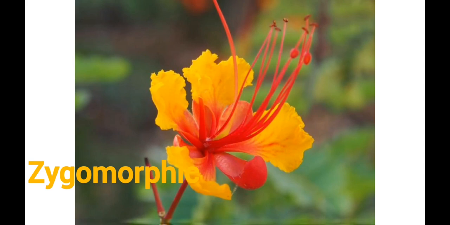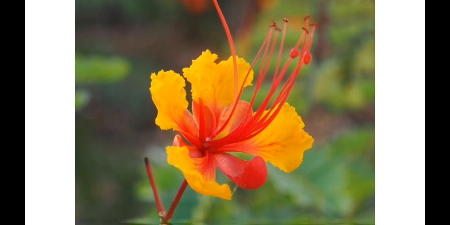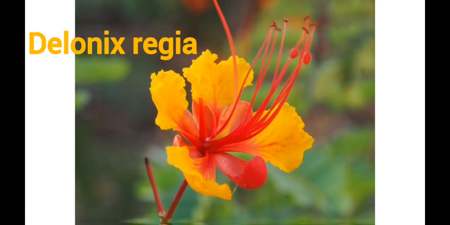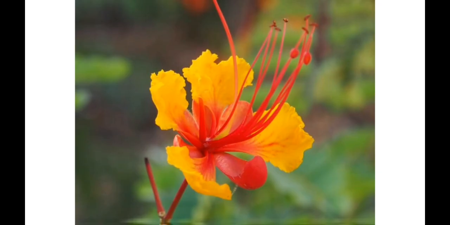You may also be asked the common name of specimen C. It is commonly known as Pride of Barbados, Caesalpinia pulcherrima, Delonix regia, or flamboyant. The habitat of specimen C is terrestrial. The type of inflorescence of specimen C is raceme.